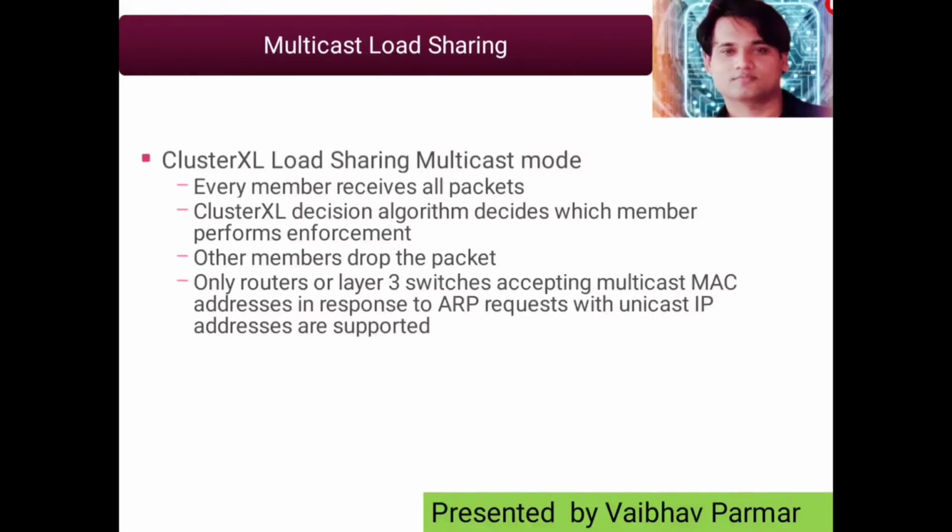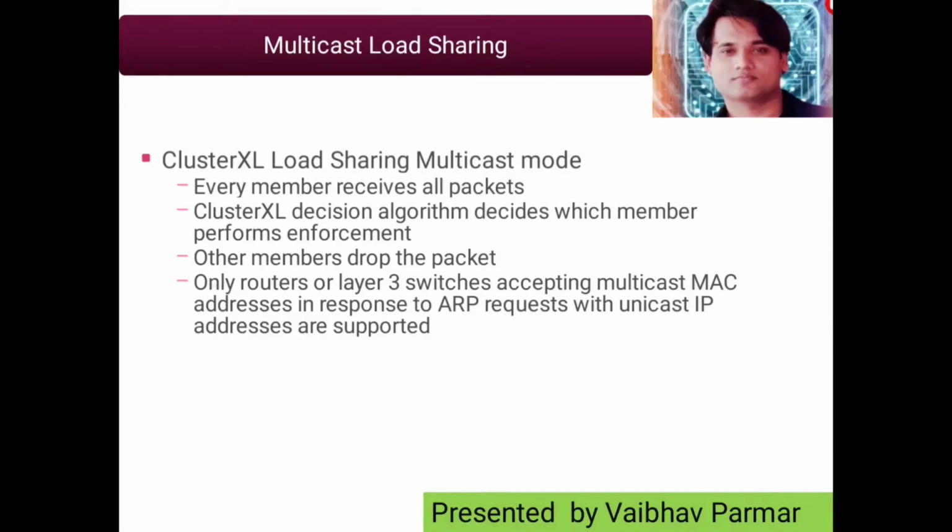Only that machine processes the packet and sends the packet to the destination. The other machines drop the packets. But please note, only routers or layer 3 switches that accept a multicast MAC address as a response to an ARP request with a unicast IP address are supported by this functionality.